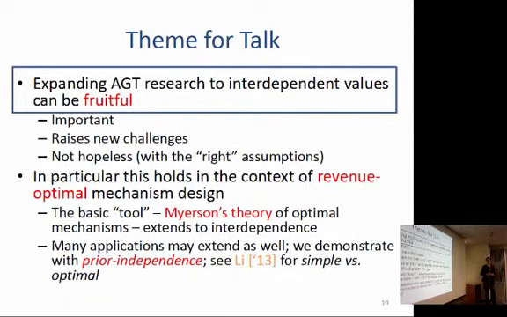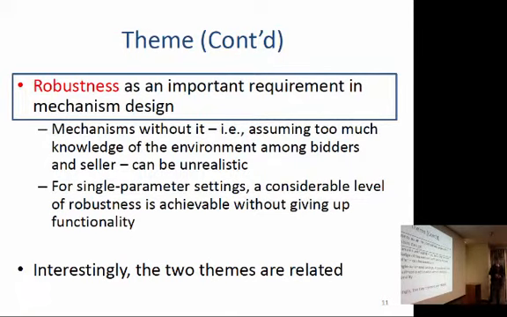Since Myerson's theory has a lot of applications, we expect to see them extending as well to interdependence, and I'm going to demonstrate this with the application of prior independence. There's also been parallel work of Yuanzhi Li about simple versus optimal auctions for interdependent values. A second theme of this talk is robustness.